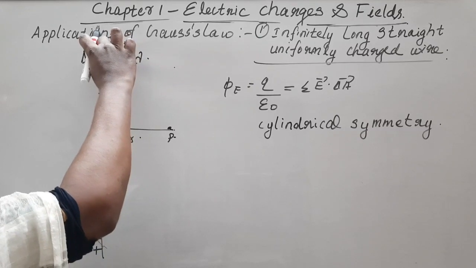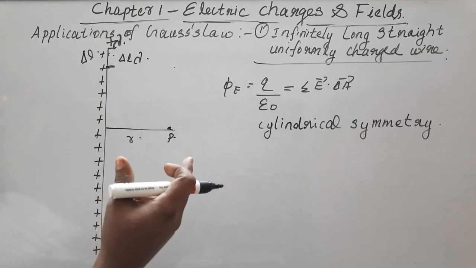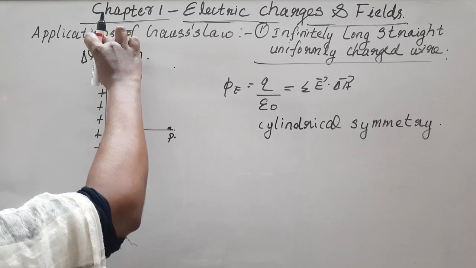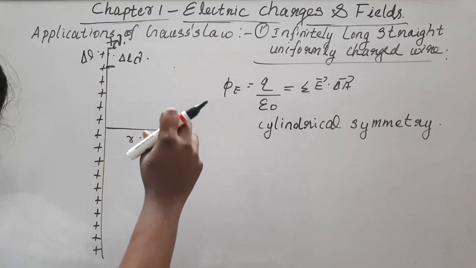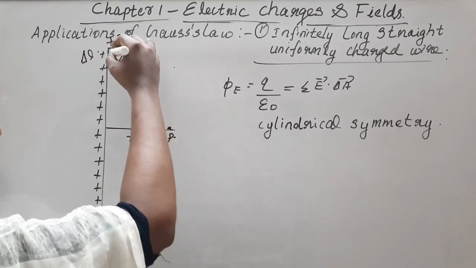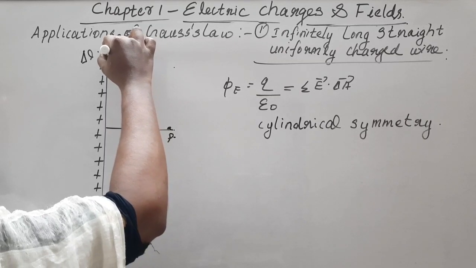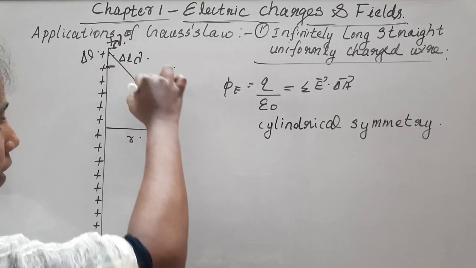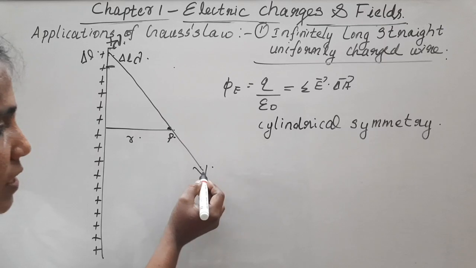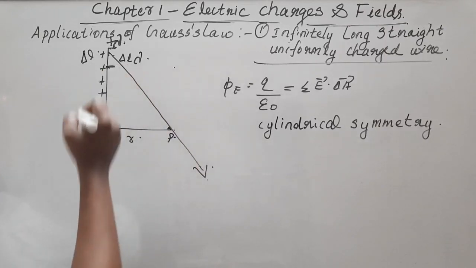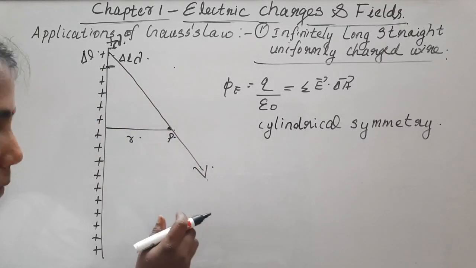So considering this delta L lambda as a point charge, okay, we are considering the small delta L element as a point charge, the electric field will be acting like this. So this is the field due to the small element of wire.